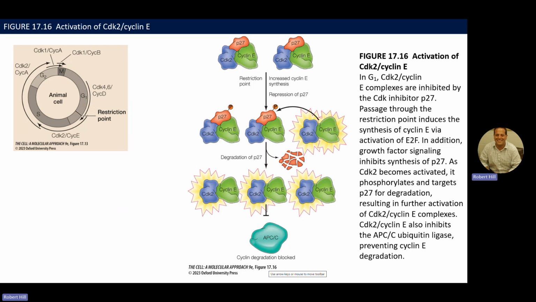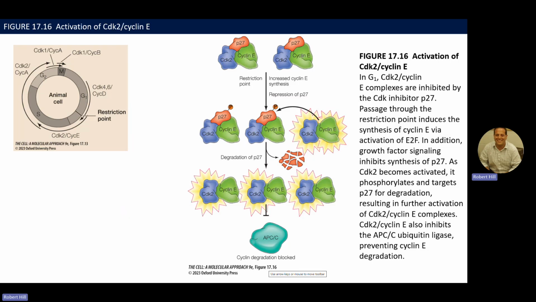Okay, so here we've got a figure that is showing activation and inhibition. All right, so starting at the top here, we see how P27 binds and inhibits CDK2 and cyclin E. Okay, and this is early in G1. Passage through the restriction point induces cyclin E, and we now know that happens via E2F.